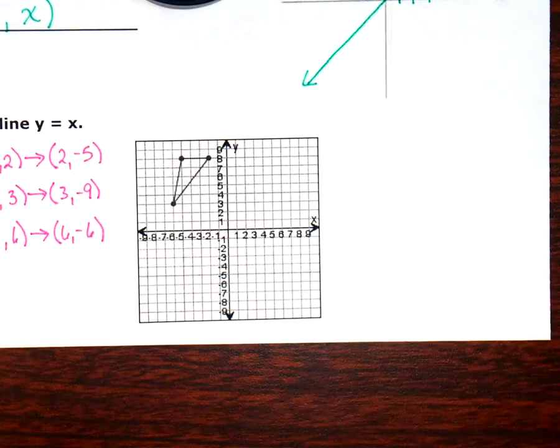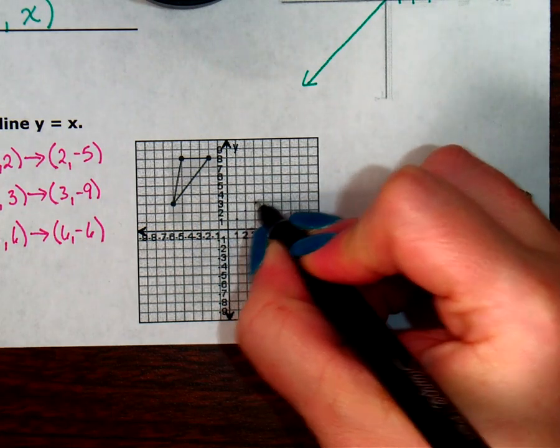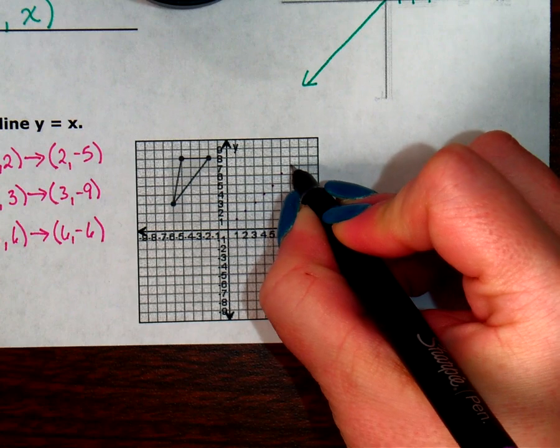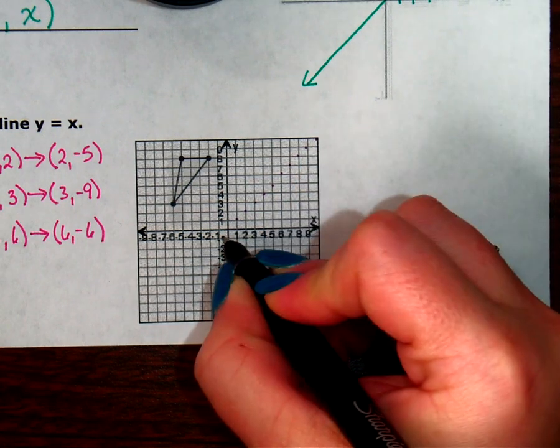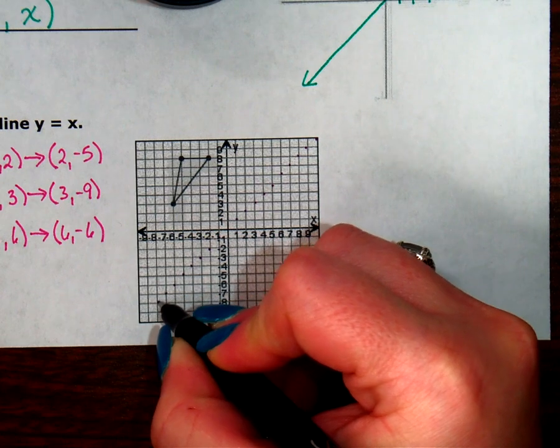All right, let's do one more. When I look at this one, I'm going to do the same thing. The first thing I'm going to do is graph my line of reflection. Again, it's easier for me if I can make my little dots here. It just makes it easier for me to sketch that line.